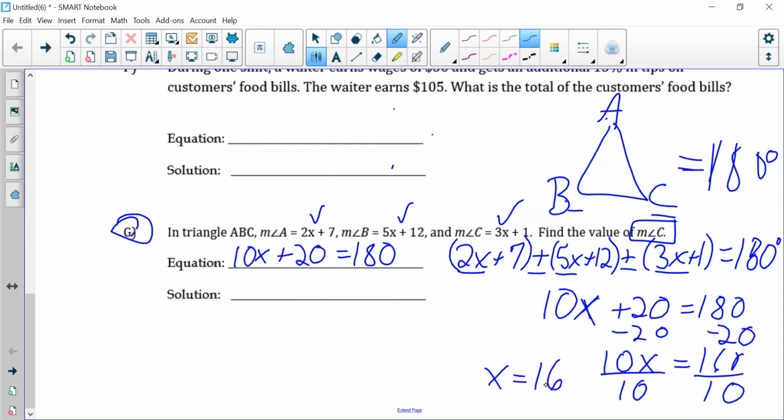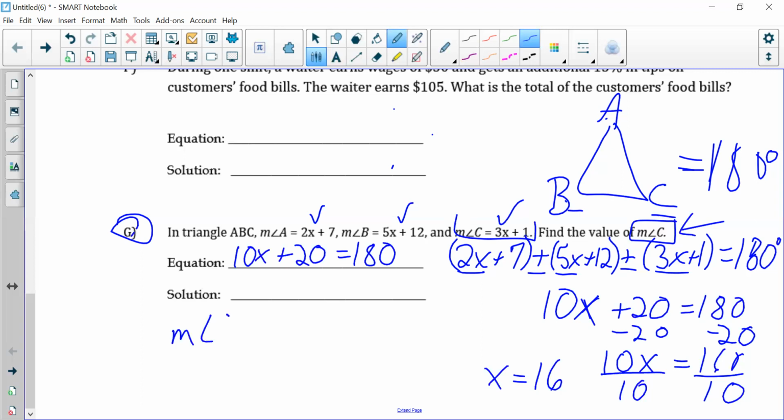All right, but notice it did not ask me what x equals. It asked me to find the value of the measure of angle C. So we need to make sure that we're actually giving the answer that the question is asking for. So let's plug this in. We know that the measure of angle C equals 3x plus 1, right?